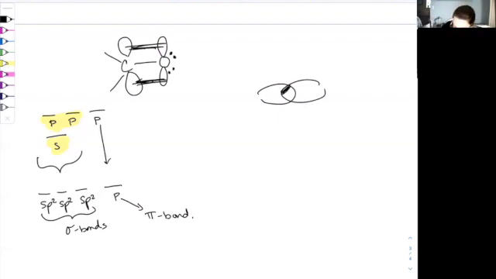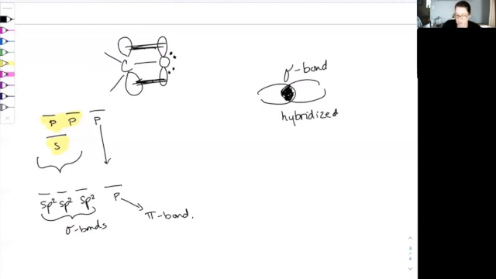There's this area where they overlap, which is where they're sharing the electrons and that bond is formed. This is a sigma bond. And we make these according to our VSEPR theory using hybridized orbitals. So these are hybridized.